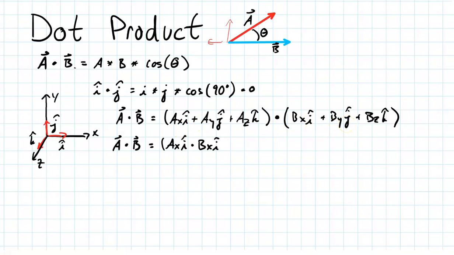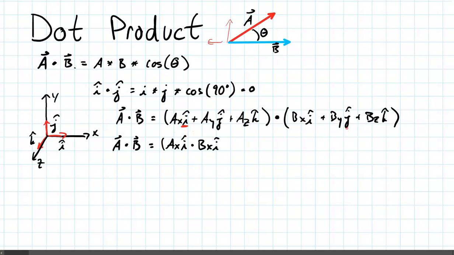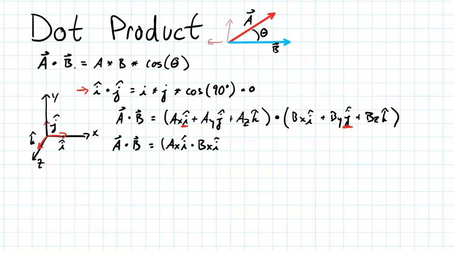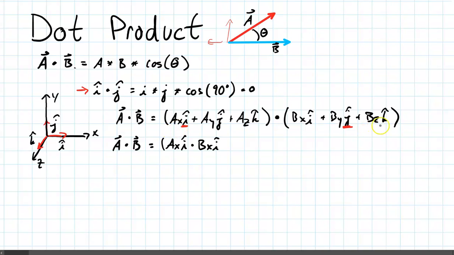Now wait a second. I and J, when dotted together, is equal to 0. So those we aren't going to continue on because AXI and BYJ are equal to 0. Next we have AXI and BZK. And again, K and I are perpendicular to each other, so that's equal to 0. So then we can continue on.